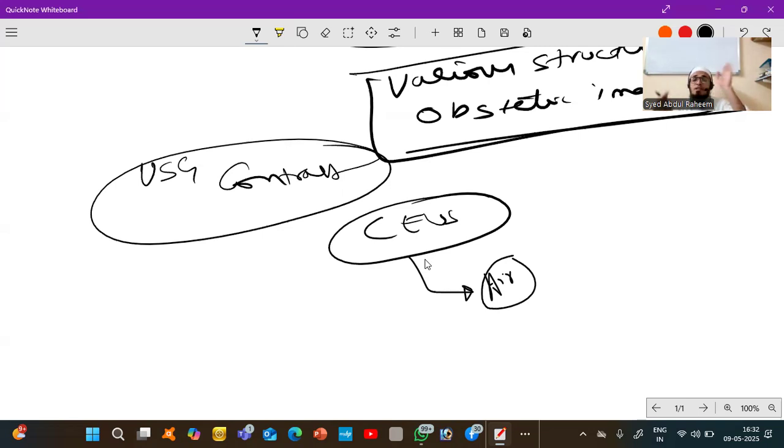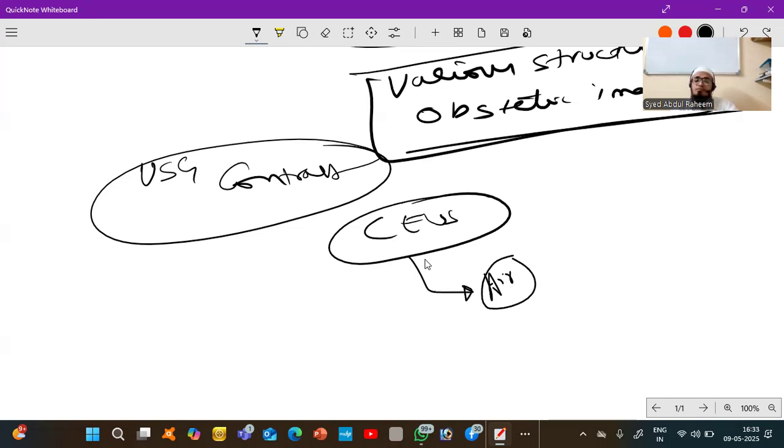Like in MRI with IV contrast, if you inject any substance, it is eliminated from the kidney through the urine. But if the kidneys are damaged and the contrast is nephrotoxic, you are not able to do the IV contrast.